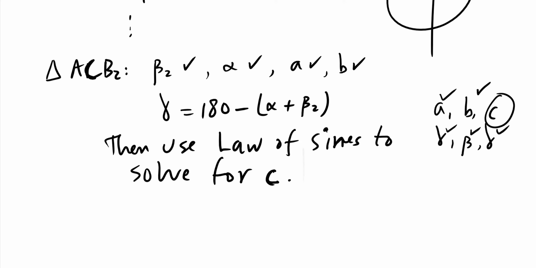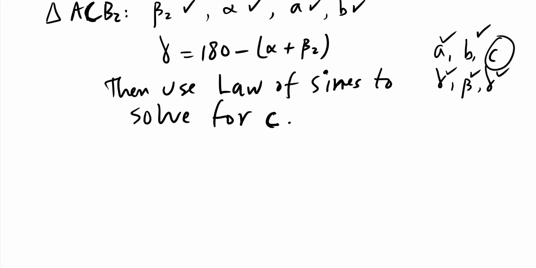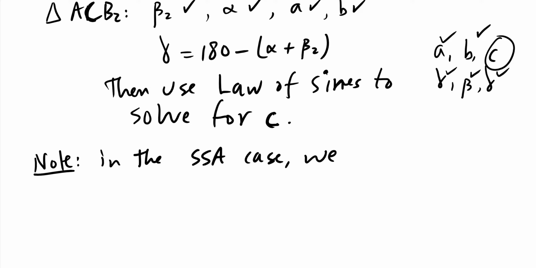So let's look at some examples on this. Just so you know, as a note, let me write it. In the SSA case, as soon as you notice, oh, it's an SSA case, let me first determine the number of triangles.